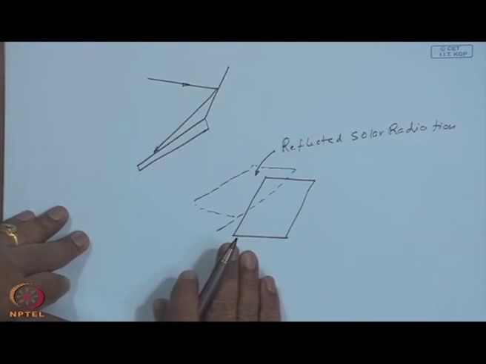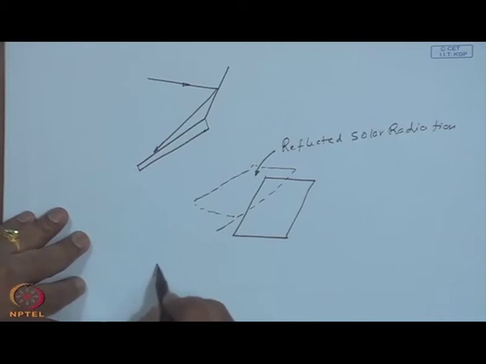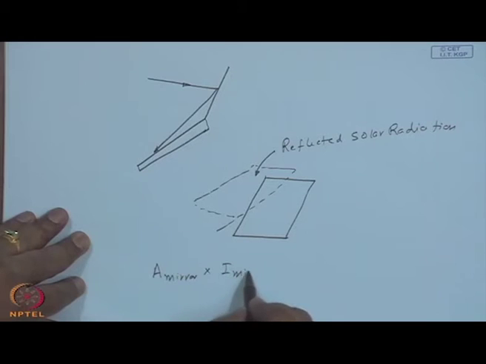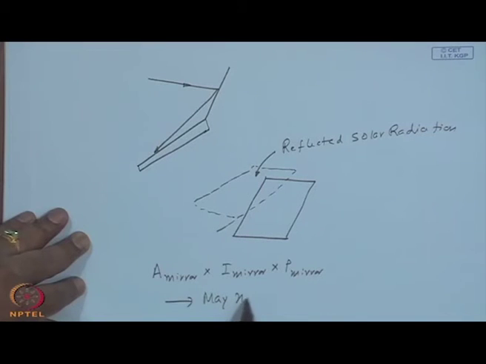So, if there is an area A mirror multiplied by I mirror multiplied by rho mirror, it may not, in general shall not, match.